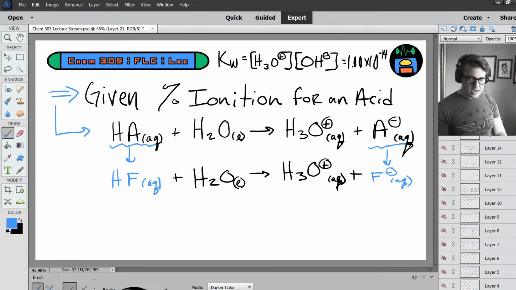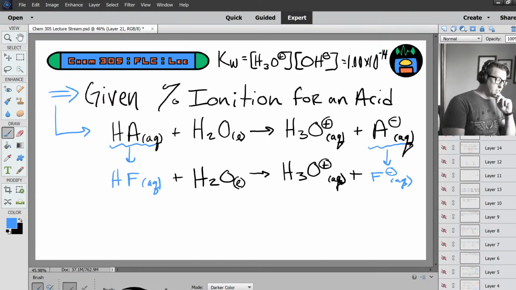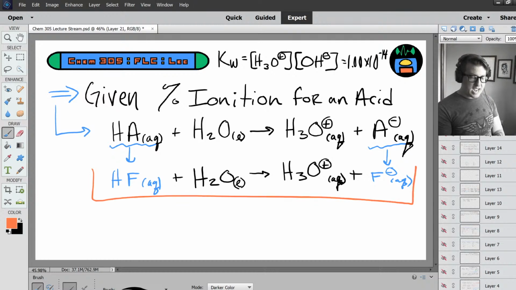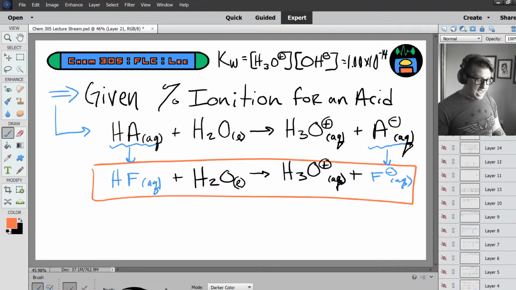So that's where the chemical equation comes in. We're given percent ionization for an acid, so we need to write out the equation for that acid ionization.